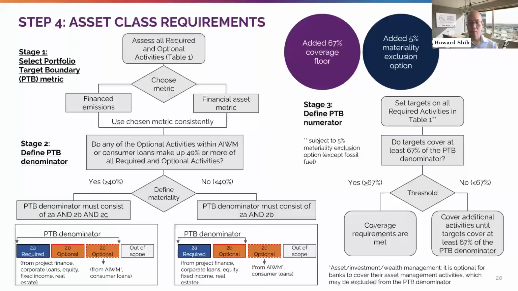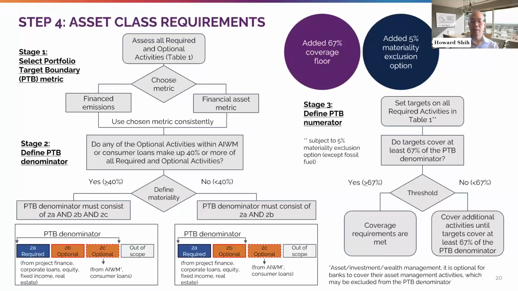And then another question, is the 67% threshold on the entire portfolio or per asset class? So the first step for an FI is to figure out all of its required activities, and then they need to set targets that meet those specific asset class requirements.